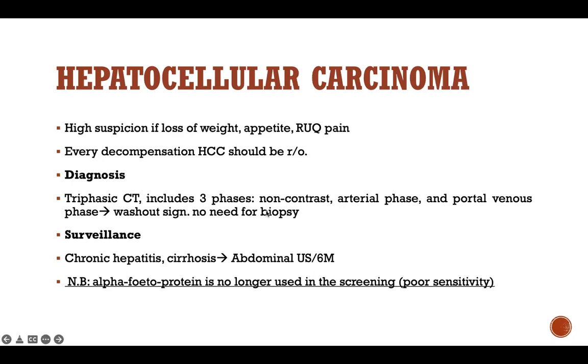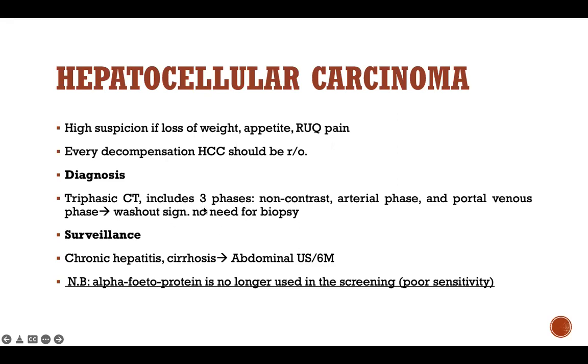Any patient with liver cirrhosis who suddenly develops loss of weight and loss of appetite or right upper quadrant pain, we should rule out hepatocellular carcinoma because these are alarming signs.